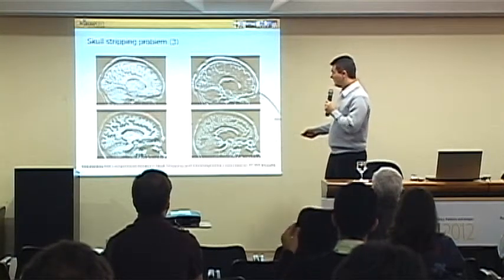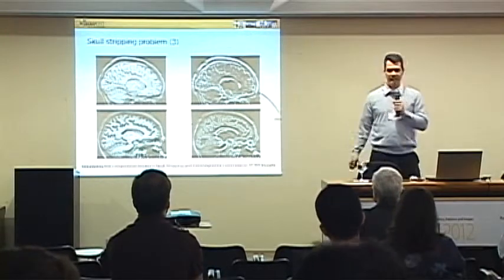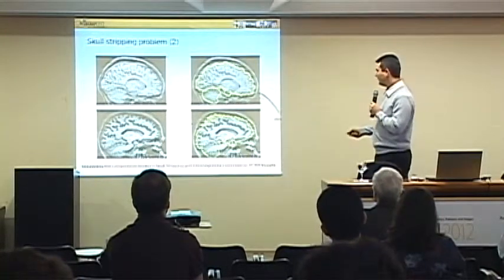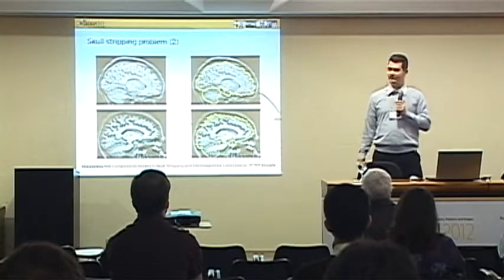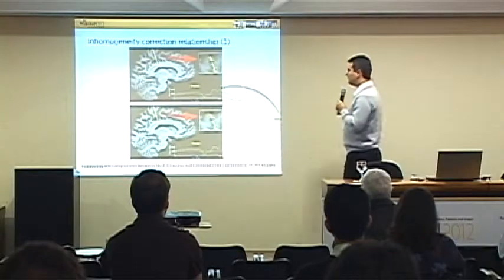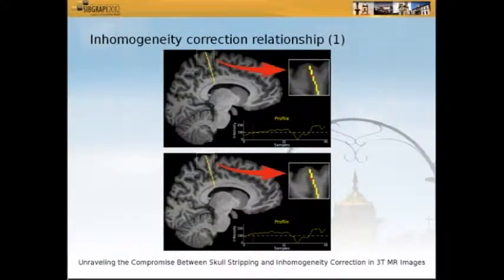It's the boundary between gray matter and white matter. That's why segmentation gets a wrong result here. This is the problem caused by inhomogeneity, and it's very closely related to this problem.